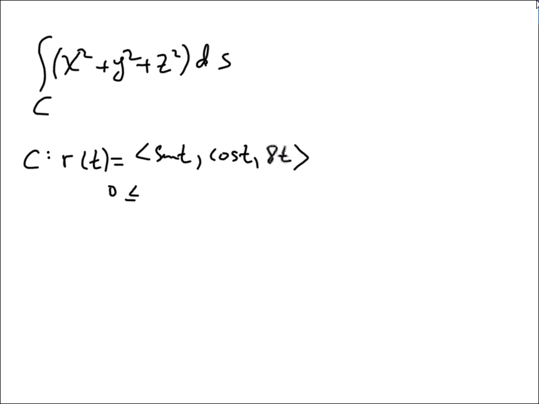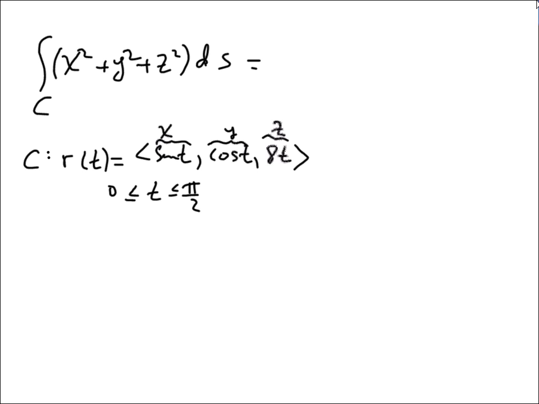And t fluctuates between 0 and pi over 2. So remember, this is x, this is y, and that's z.